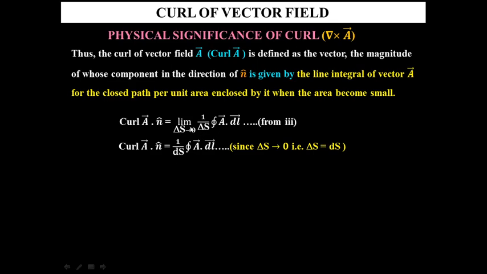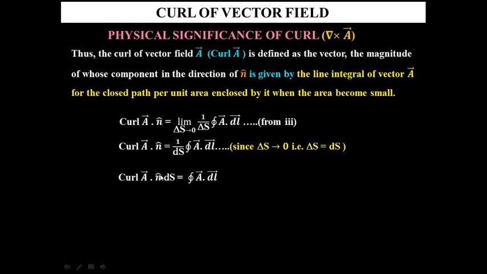So this equation becomes curl of vector A dot n cap equals 1 by ds times the line integral over vector field A dot dl. Now we bring this ds to the left hand side, so we get curl of vector A dot n cap ds equals the line integral of A dot dl.